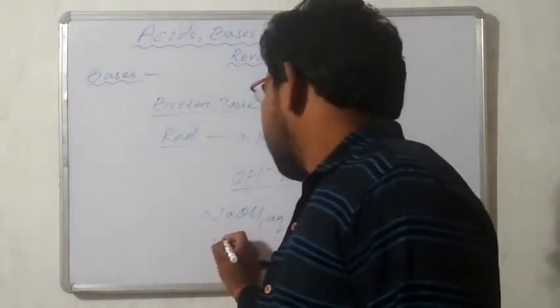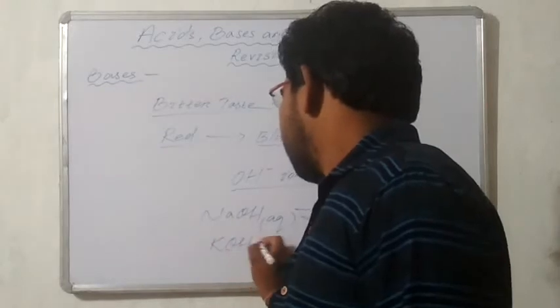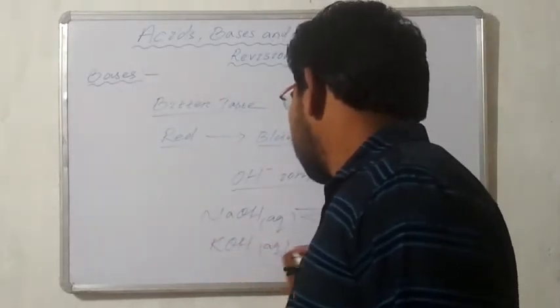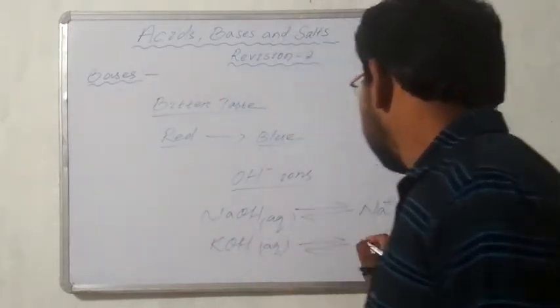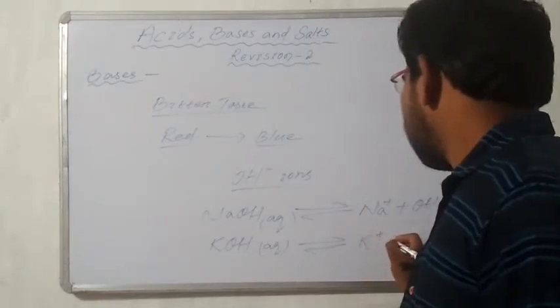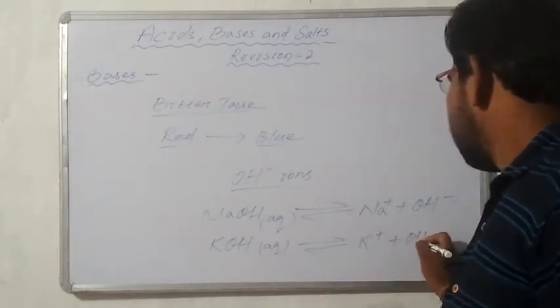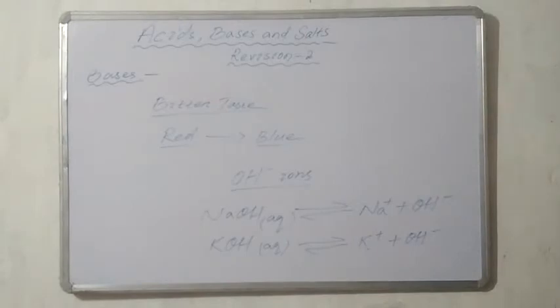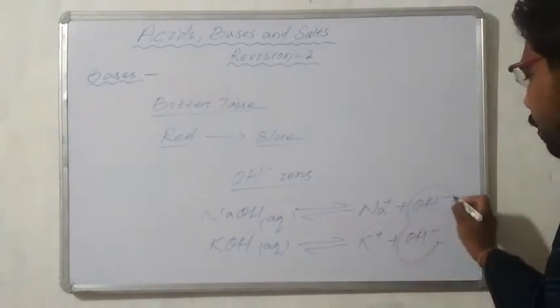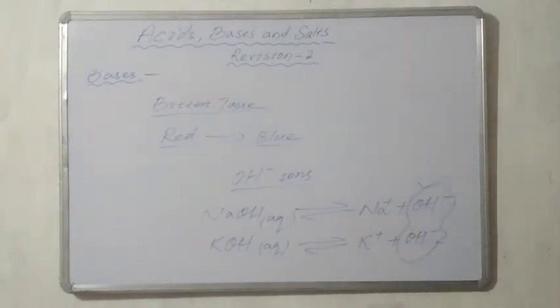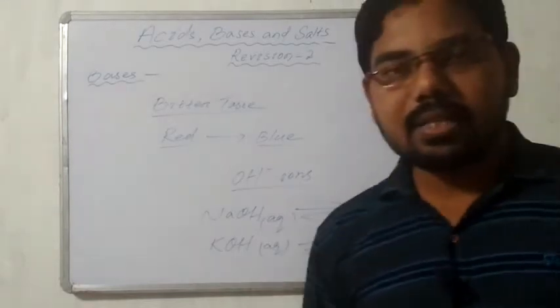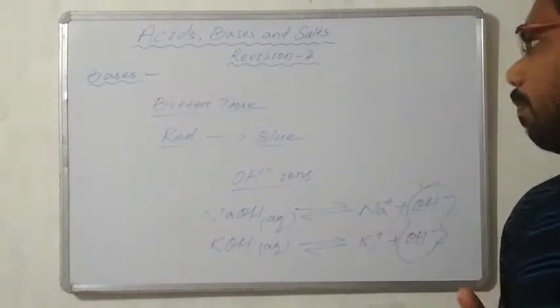Again, KOH in aqueous solution also dissociates and produces K plus ions and OH minus ions. So if a substance always produces OH minus ions or hydroxide ions, then it is a base.